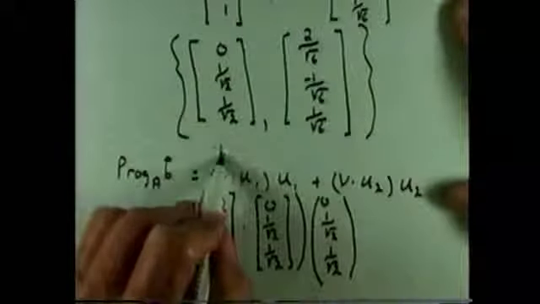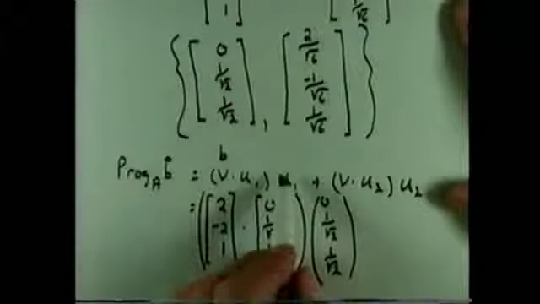Actually, I probably should have written it as B dot U1 times U1 plus B dot U2 times U2.